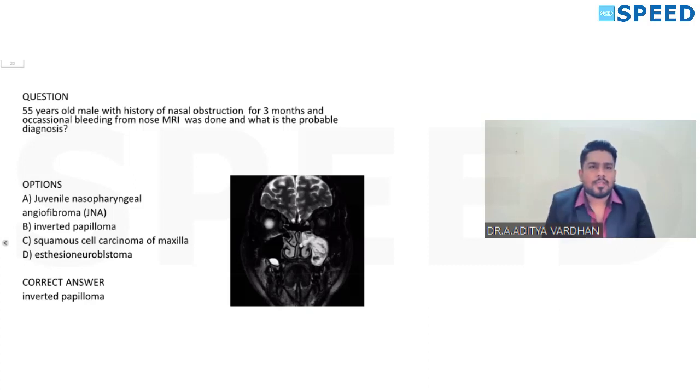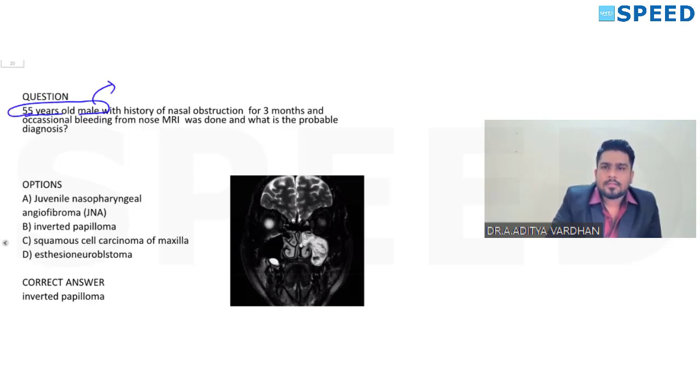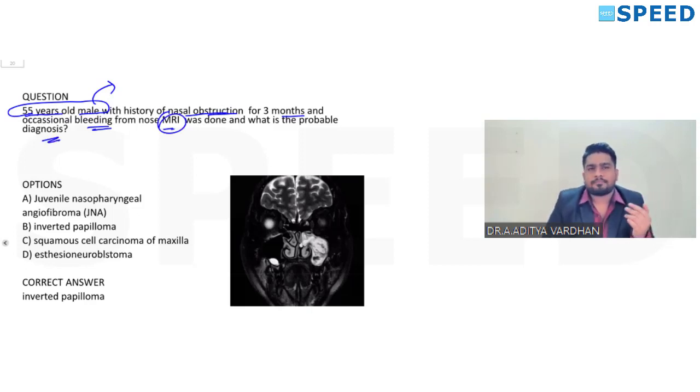So let's decode the question here. 55-year-old male, very important, friends. This makes the diagnosis a clincher. With the history of nasal obstruction for 3 months and occasional bleeding from the nose because of the mucosa getting damaged, MRI was done, and what is the probable diagnosis?